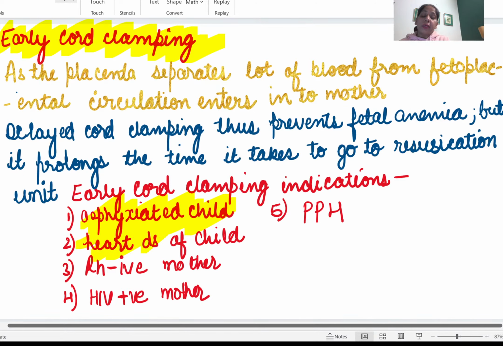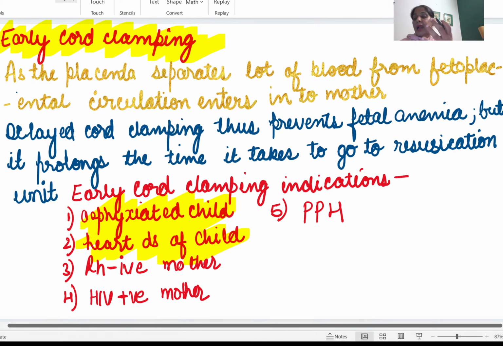Now what happens when we do delayed cord clamping is that a lot of blood goes to the fetus. If the fetus has heart disease and a lot of blood goes to the fetus, there will be an increase in the cardiac output of the fetus, so it will be a problem.